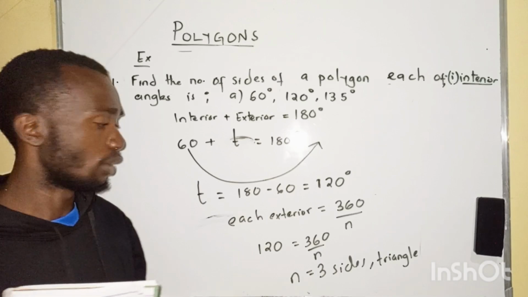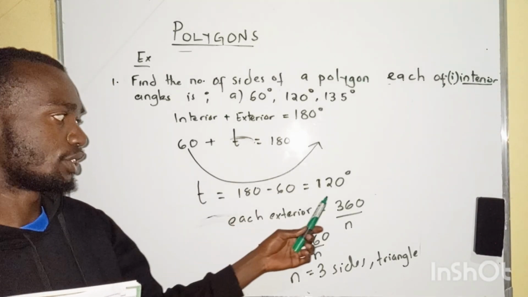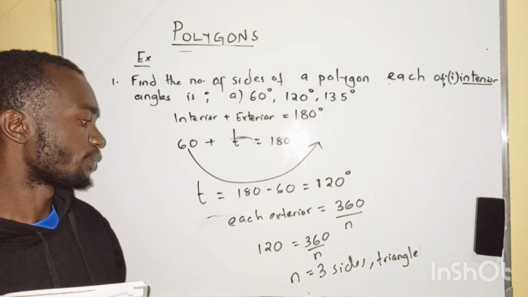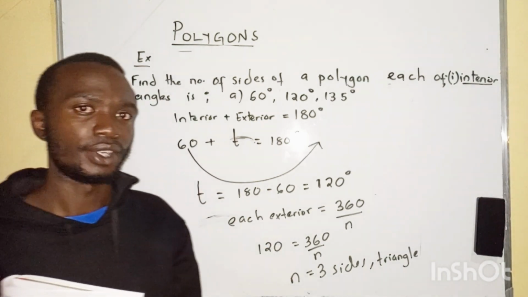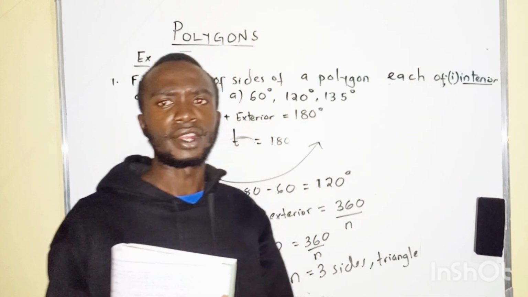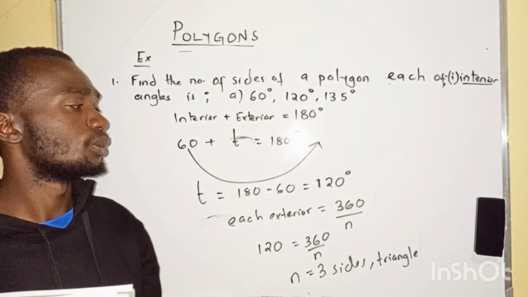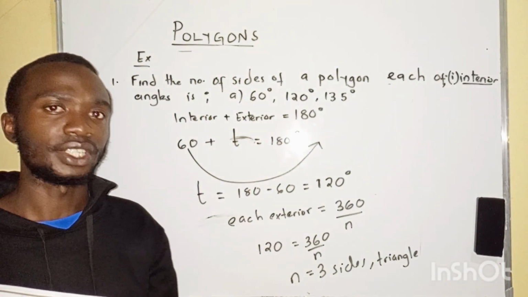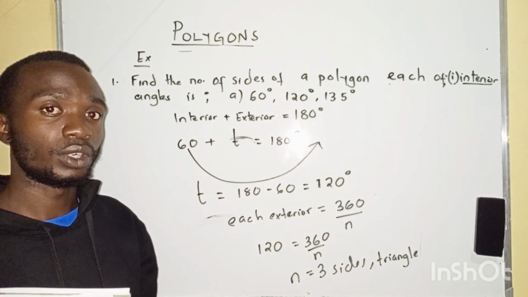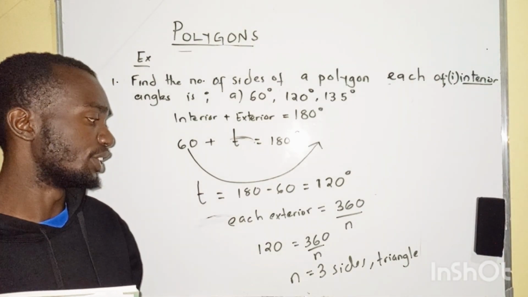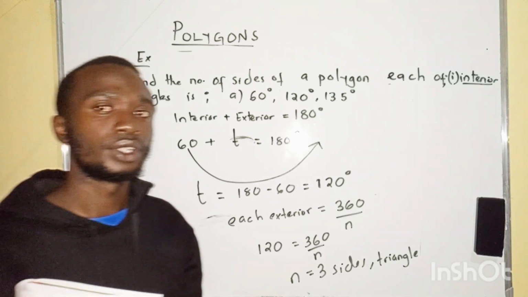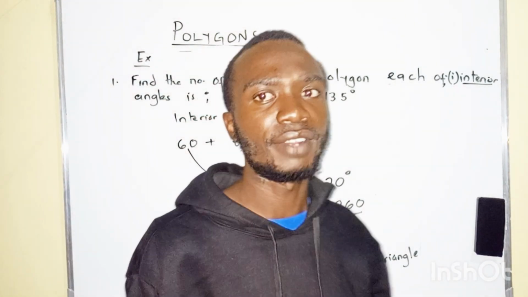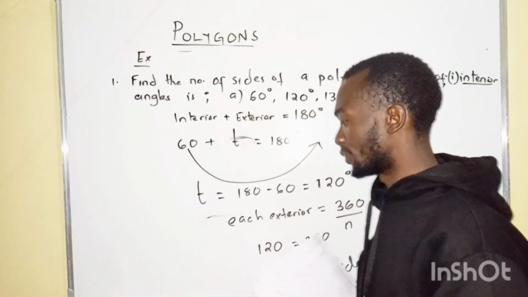Then using the formula for each exterior angle of a regular polygon, and I told you before, a regular polygon is a polygon whose sides and interior angles are all the same, having equal length and angle degrees respectively. So this gives you a total of 3 sides, and a three-sided figure is known as a triangle.